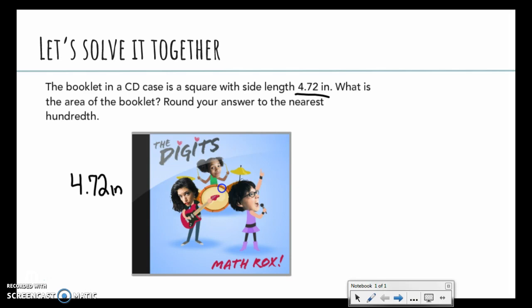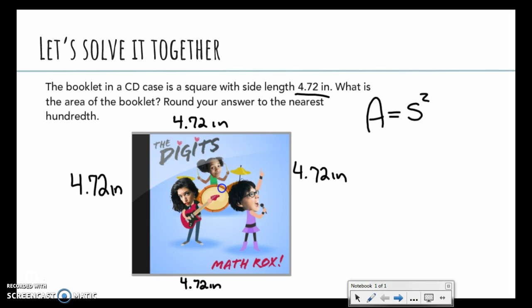And we know if it's a square, that means all side lengths are going to be the same. But it doesn't matter if you know all the side lengths, because if it says square, you know they're all going to be the same. They only label one side. So you know that the formula for finding a square is area equals side squared.